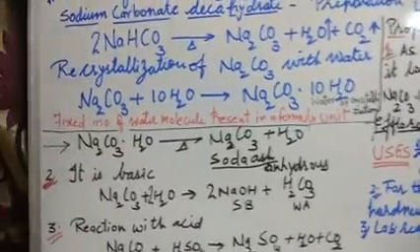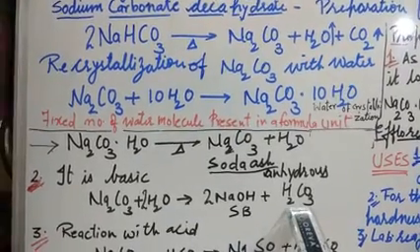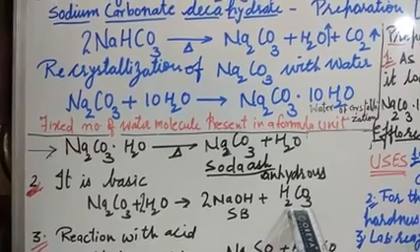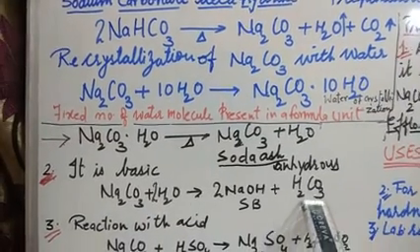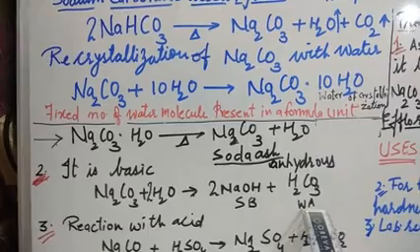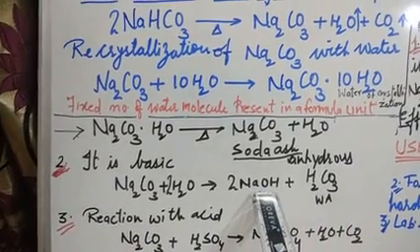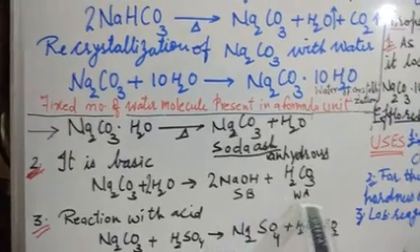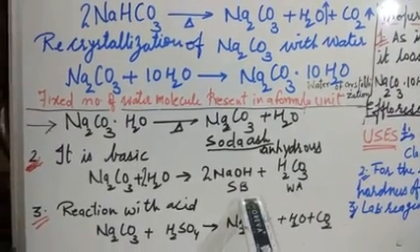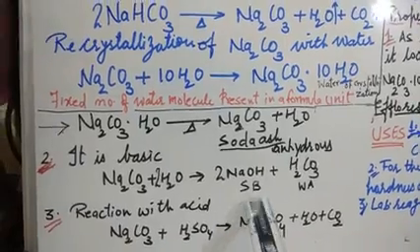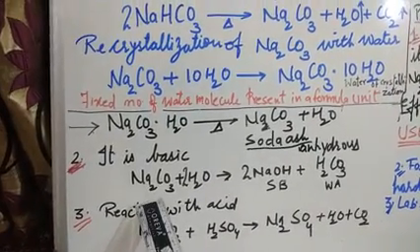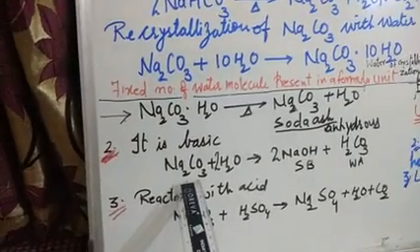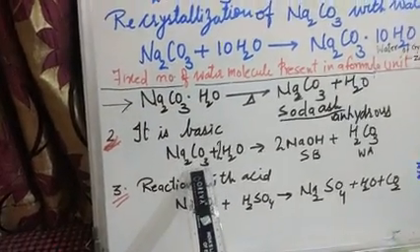If you don't know the name, students, you should write it down in your classwork copy. Carbonic acid is a weak acid. But NaOH, sodium hydroxide, is a strong base. And if a strong base and a weak acid are there, the salt obtained will be basic. So, sodium carbonate or washing soda is basic in nature.